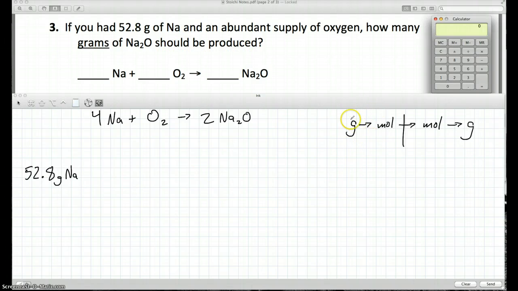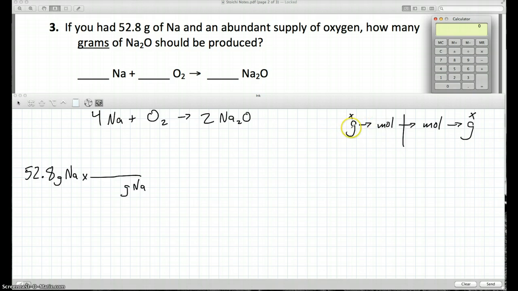So if we think of our roadmap here, let's get this started because there's some things we can automatically do. Grams of Na can automatically go on the bottom. I'm starting at grams, so I'm starting here on my map, and I'm looking for grams of the other chemical, so grams on the other side over here.